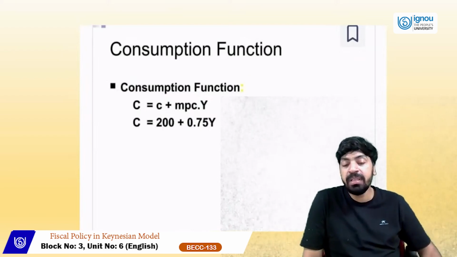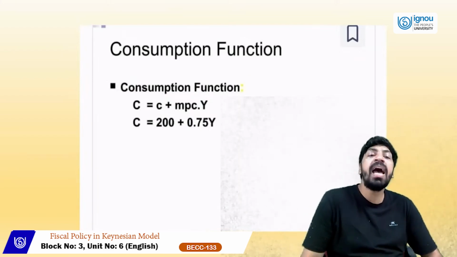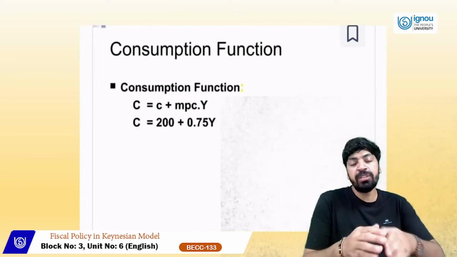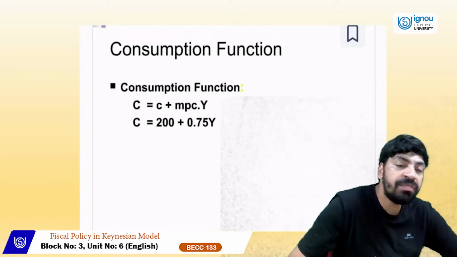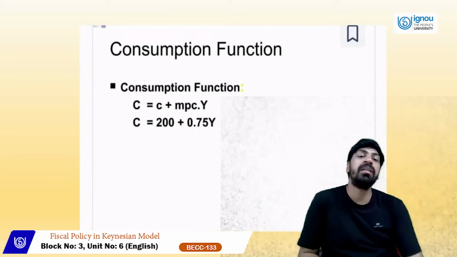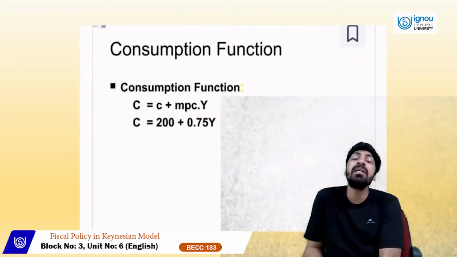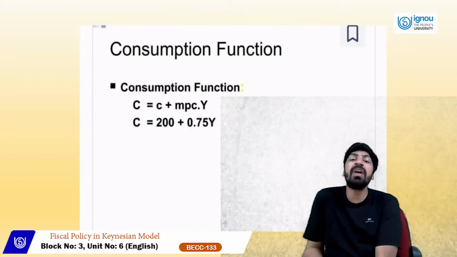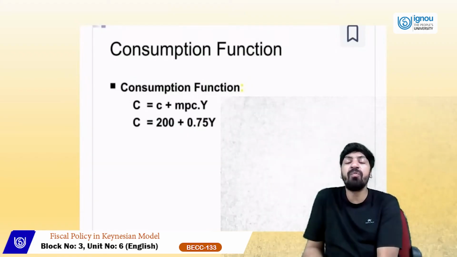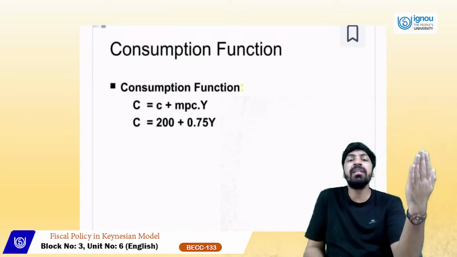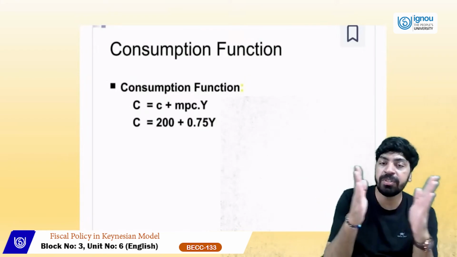If you look up the table, the first digit of the consumption is 200 and the income is 0. So for the first row of estimating the consumption function, that is 200 plus 0.75 Y. That means the consumption function is C equals 200 plus 0.75 Y. This is the consumption function for the first row of the consumption schedule.